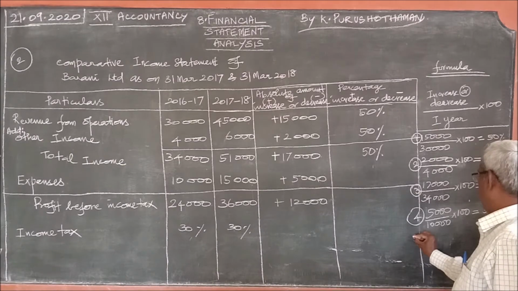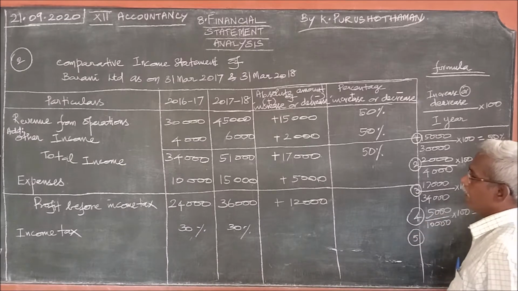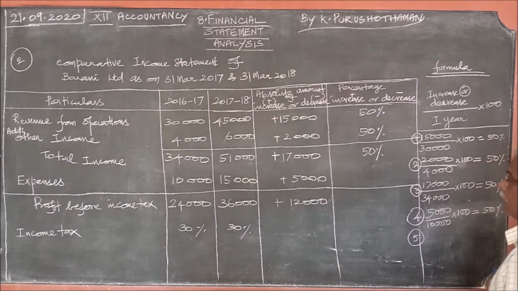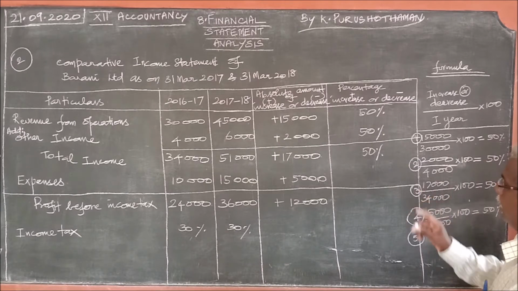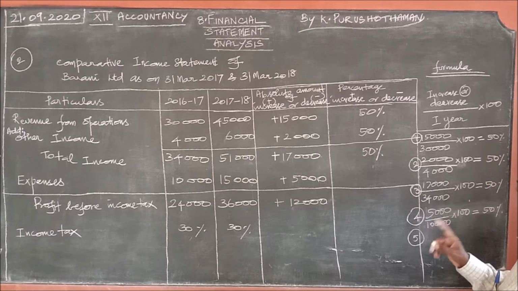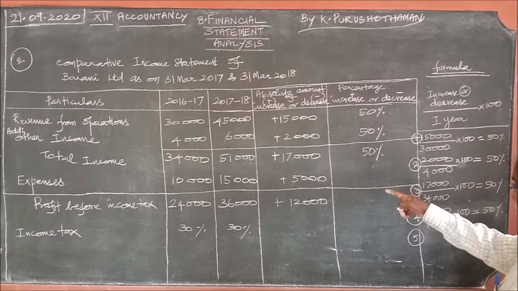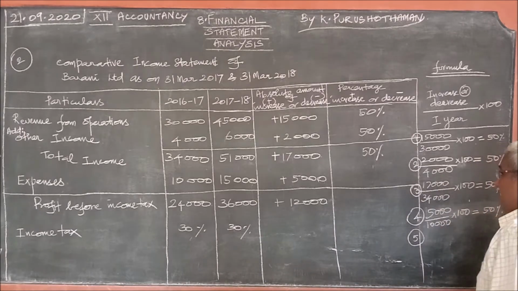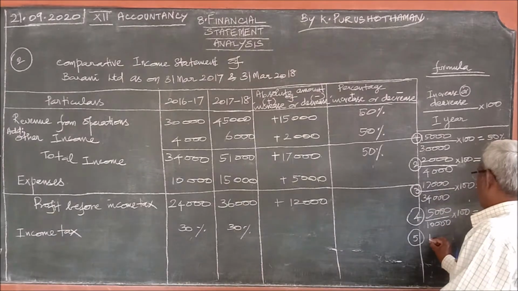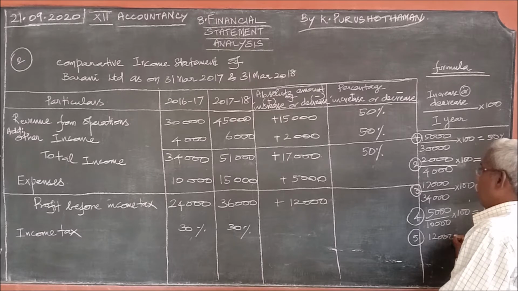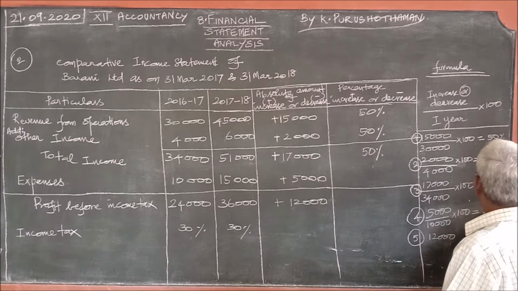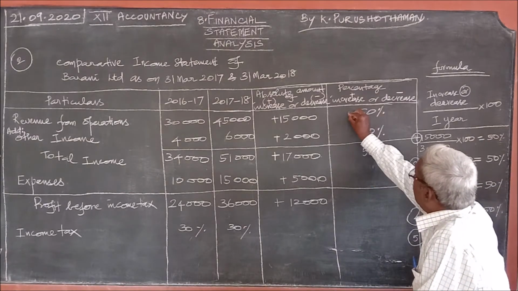Then point number 5. Profit before income tax. First year 24,000, second year 36,000, increase in profit 12,000. Therefore, increase 12,000. This we can write as 50% plus.